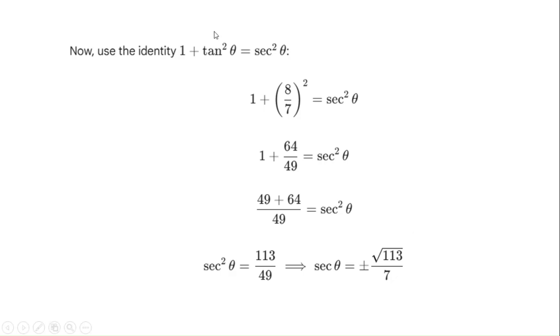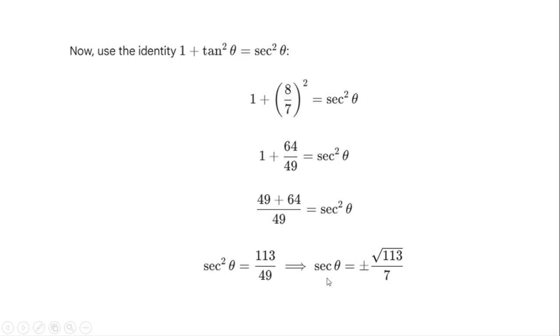What is tan theta? 8 by 7. So 1 plus (8 by 7) whole square is equal to secant square theta. Further simplification: 8 square is 64, 7 square is 49. Secant square theta becomes 113 by 49.